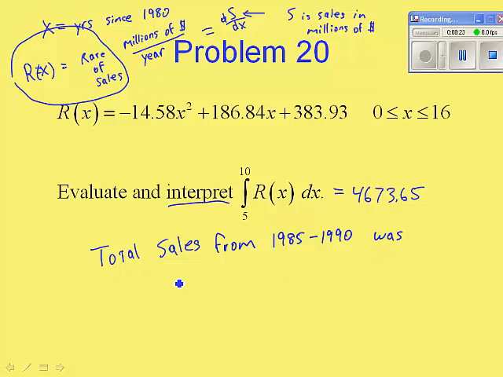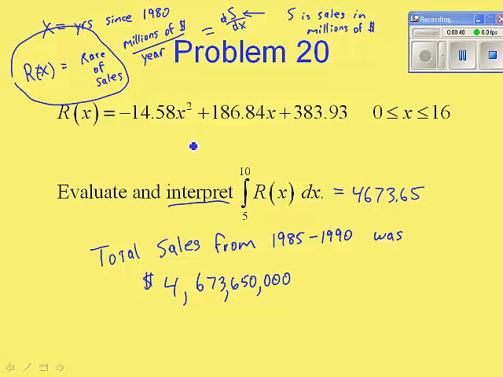was, okay, what? $4,000 million. Okay, so $4,673,650,000. It's the total sales. Weird.